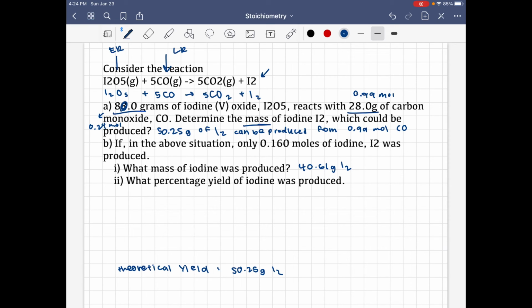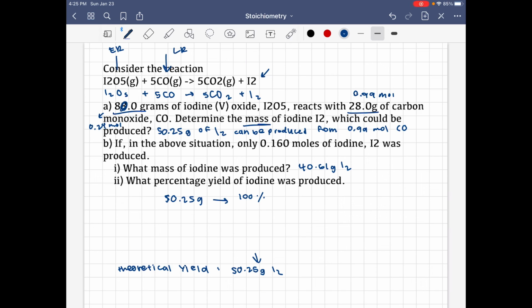But when we did this experiment, we didn't get that number. Instead, we got 40.61. So now we need to calculate the percentage yield. Like I said, this is the theoretical yield, what should happen. But during the experimental process, energy is lost, so it's basically never 100% or what we write on paper.